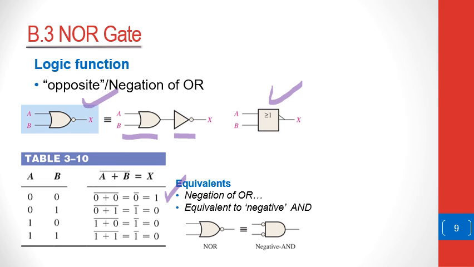There are multiple notations, which you will later learn in chapter 5, with multiple symbols. It can sometimes be called a negative AND gate and have that particular symbol, but that's for later on.